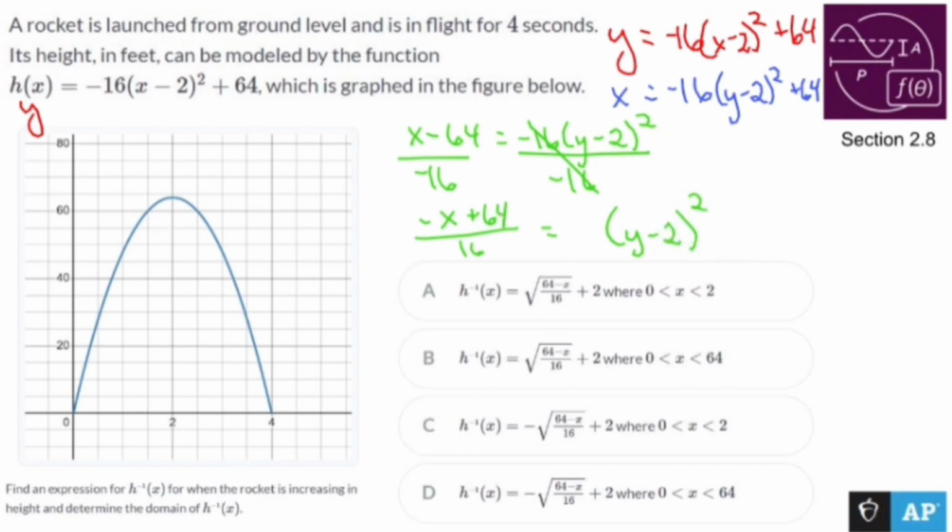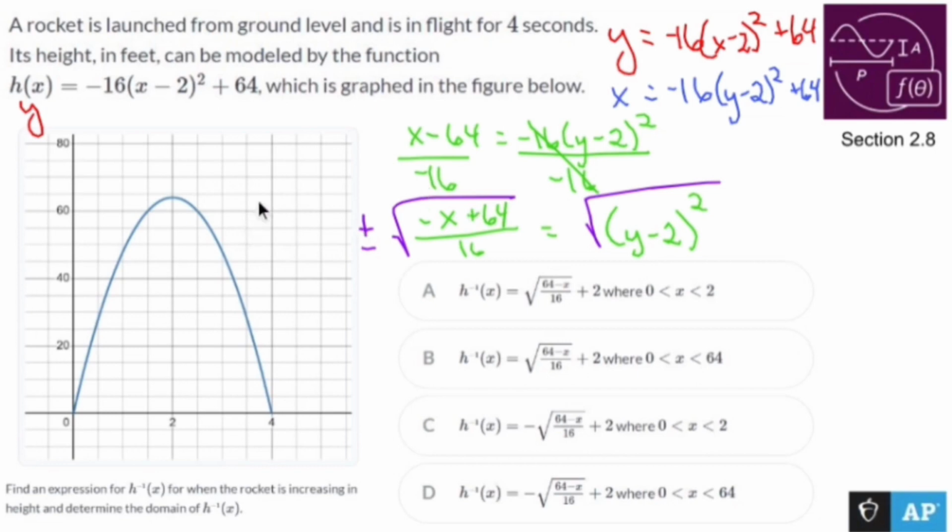Now, in order to get y all by itself, we need to square root both sides. When you square root both sides, you usually have a positive or a negative, right? But in this case, they only want the positive part, and that is the only part that's going to make sense.